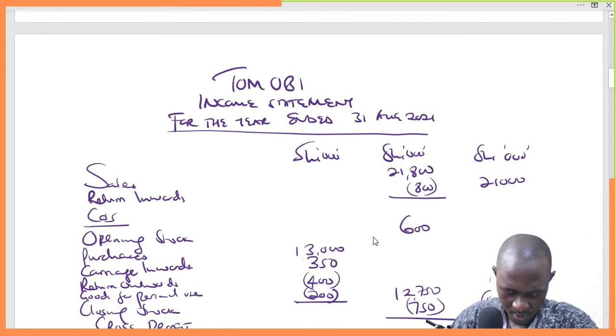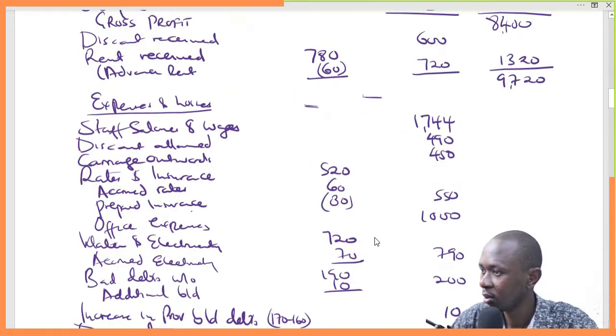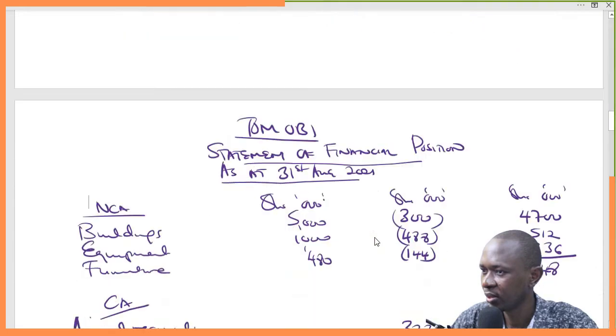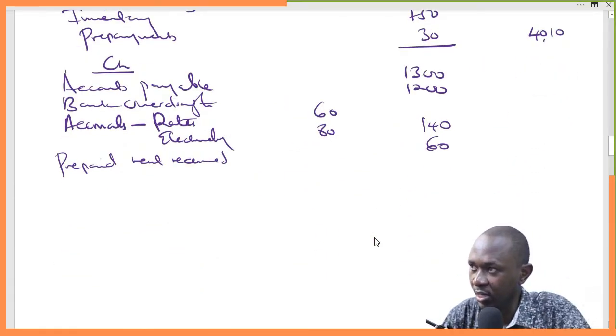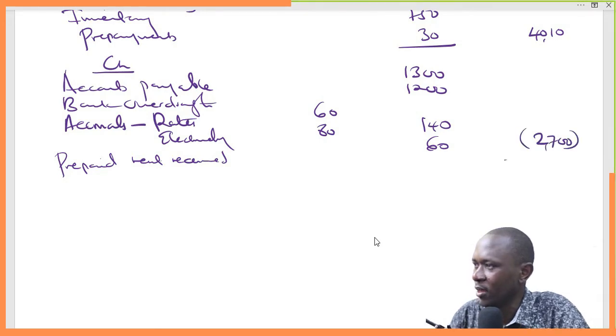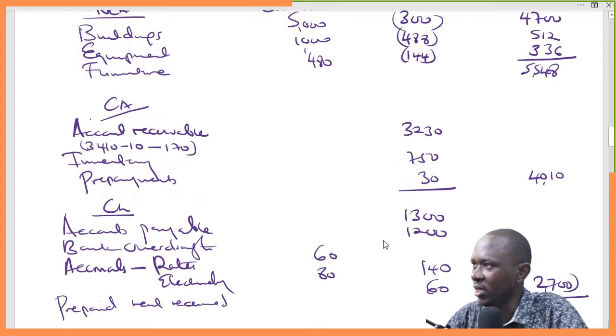What else do we have? Doubt if we have any other thing. So if we don't have any other, we add the figures. This is 2,500 plus 200. So that is 2700. And then we get the total.